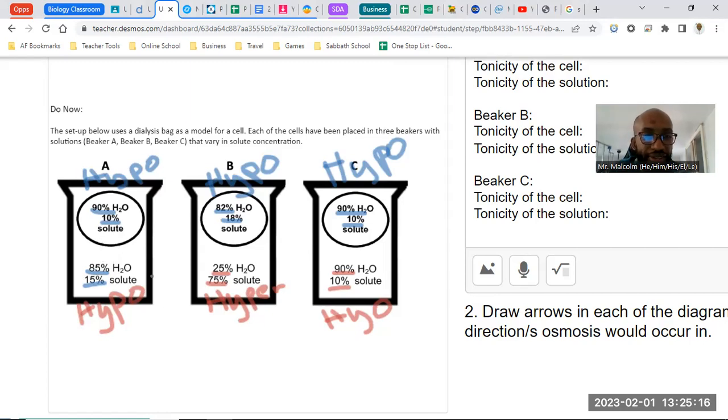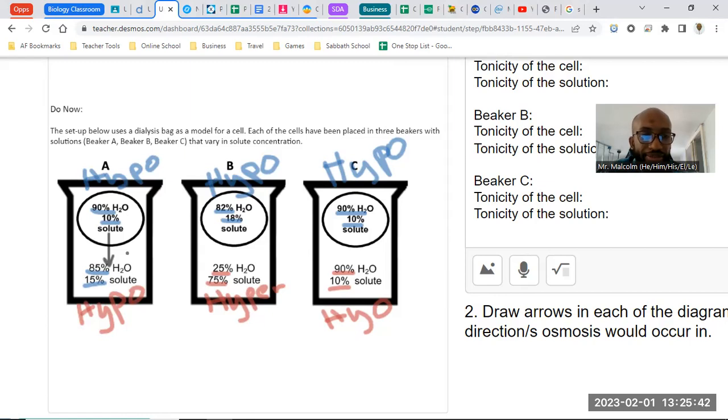All right, so the water always goes into the area that has the lesser amount. So it should go from high concentration to lower concentration. Should always go from high concentration to low concentration. So what's going to happen to the cell?